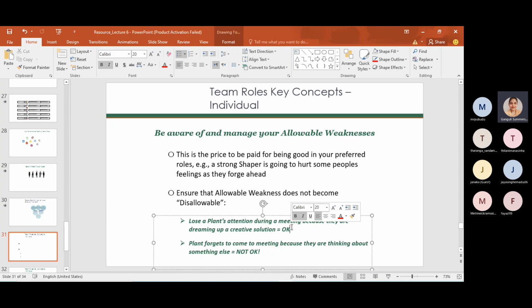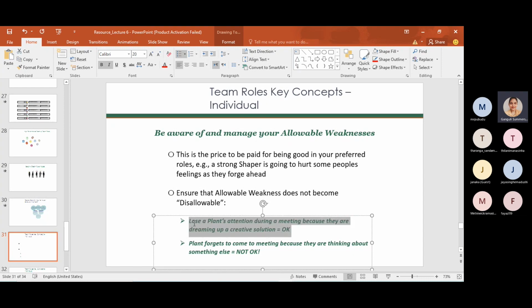This weakness is okay. But if the plant forgets to come to a meeting because they are thinking about something else, this is not okay. Not attending the meeting is not okay. Coming to the meeting and losing focus because of dreaming about a creative solution is okay.